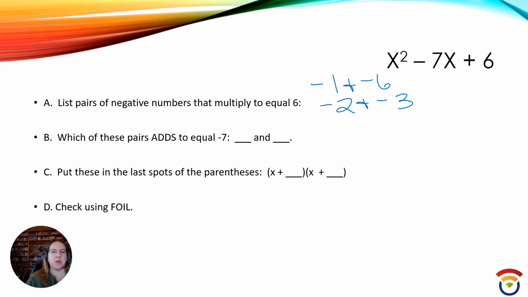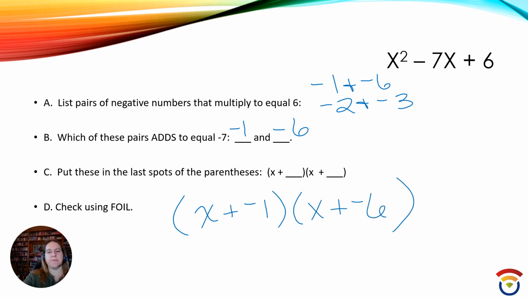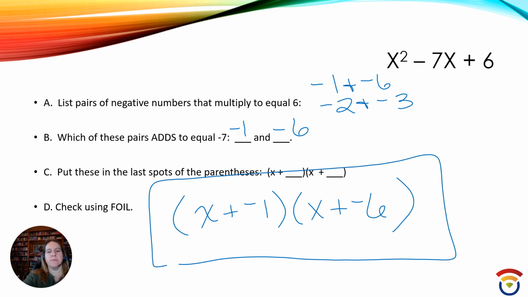Now for my middle term, I want the pair that adds to equal negative 7. In this case, it would be negative 1 and negative 6. I can put those factors in the last spots of my parentheses. So my factored form is x plus negative 1 times x plus negative 6. Again, you can use FOIL to check this. I'm going to skip that for time's sake.